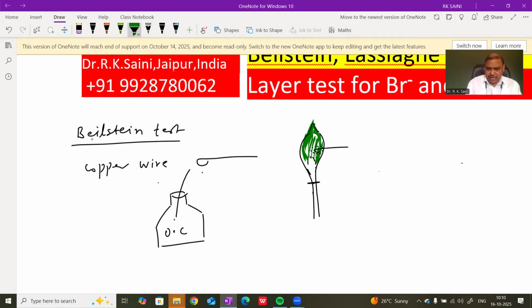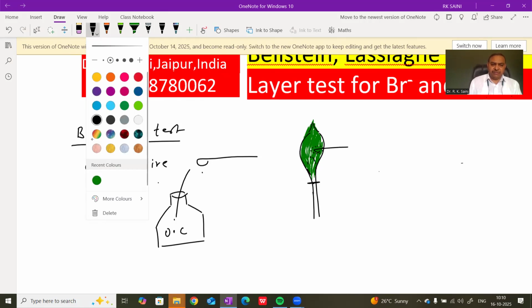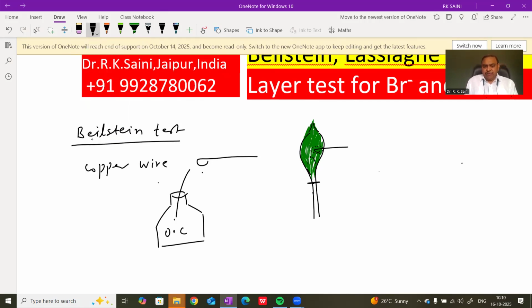It is only a preliminary test of halogens, because some other radicals or elements also give this test. The chemistry of this test is that when copper reacts with halogen, it changes into cupric halide, which is covalent in nature.